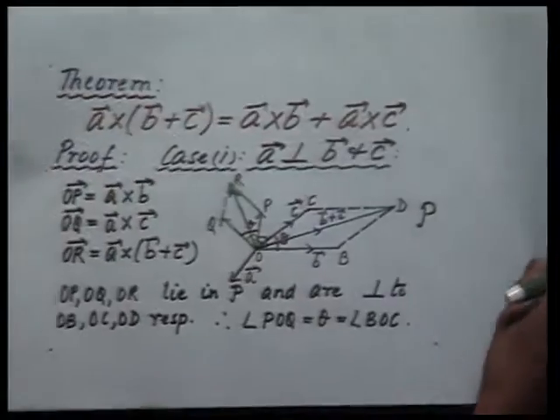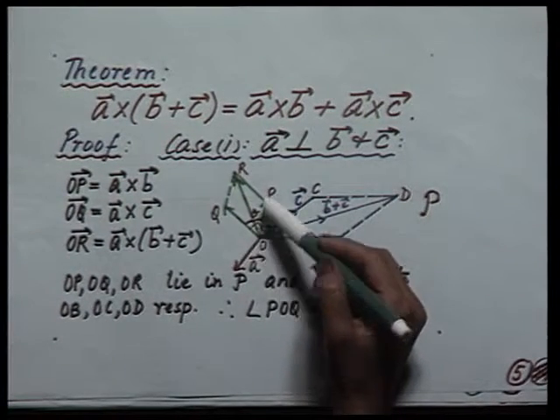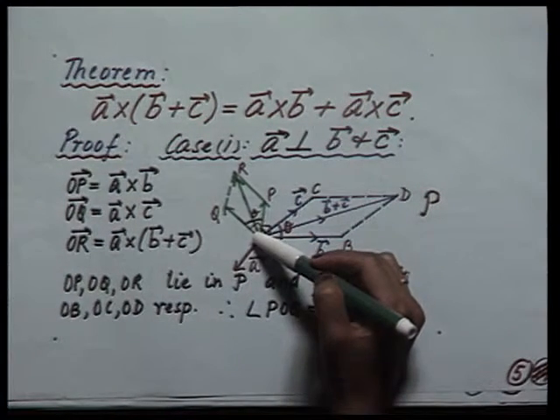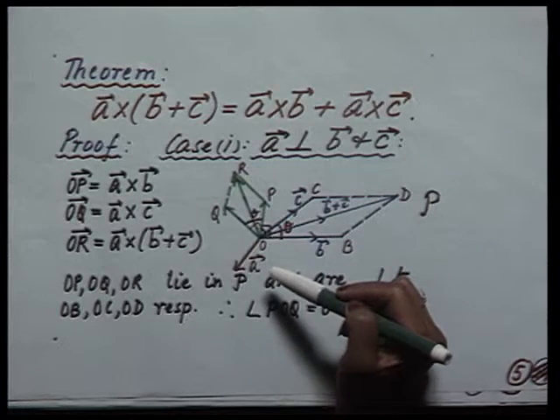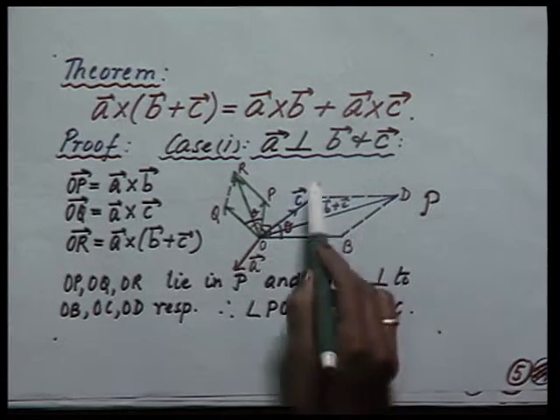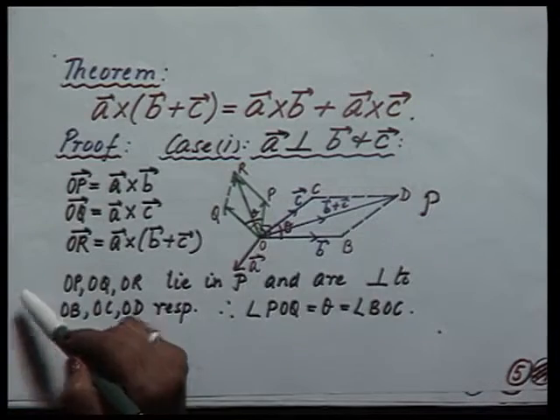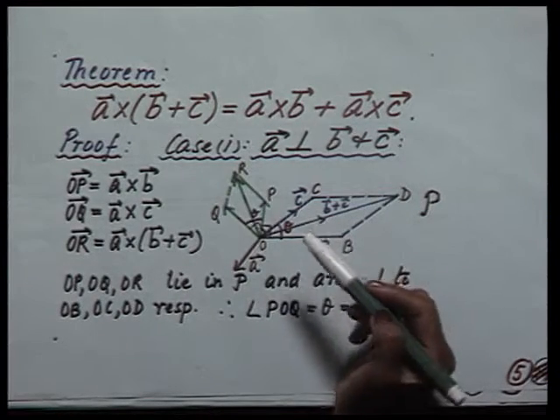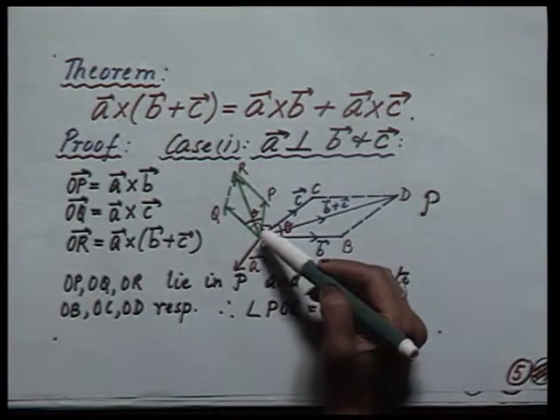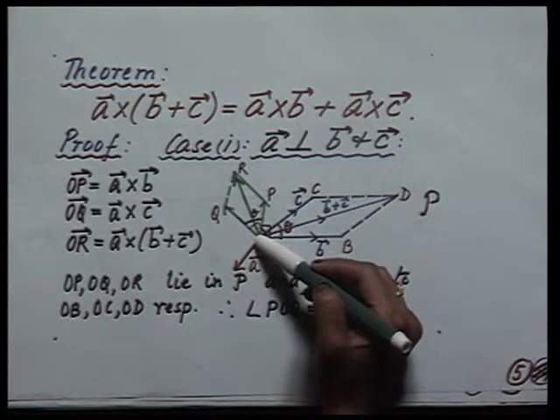Thus, let's look at the diagram again. OPRQ must also form a parallelogram just like OBDC. In other words, OR vector must be the resultant of the vectors OP and OQ.